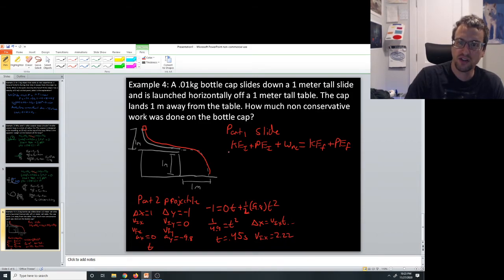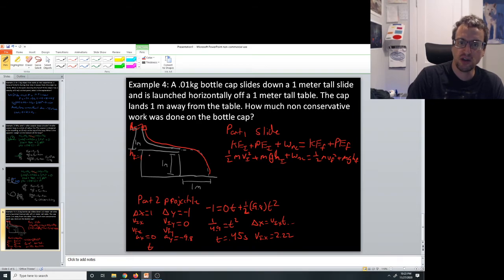So I can go plug this in here. I have 1/2 m v initial squared plus m g h initial plus non-conservative work equals 1/2 m v final squared plus m g h final. Now for height, I could make height final equal to 1 and height initial equal to 2, but as we talked about, it doesn't matter, everything's relative.